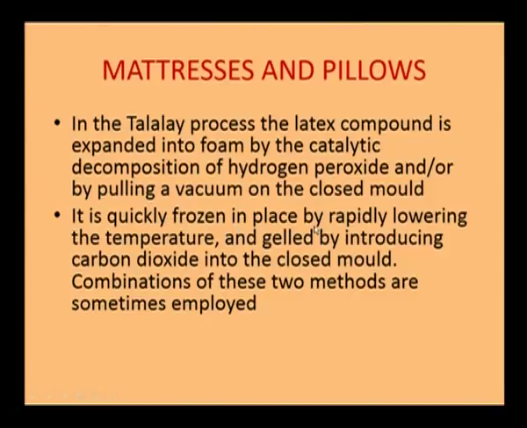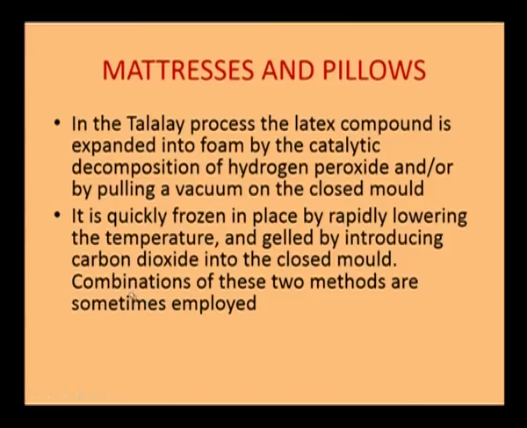It is quickly frozen in place by rapidly lowering the temperature and gelled by introducing carbon dioxide into the closed mold. So, gelling happens only when you add carbon dioxide into the mold. After freezing the product, you have to supply carbon dioxide, which will form gel inside the foam. And otherwise you can do a combination of the methods.